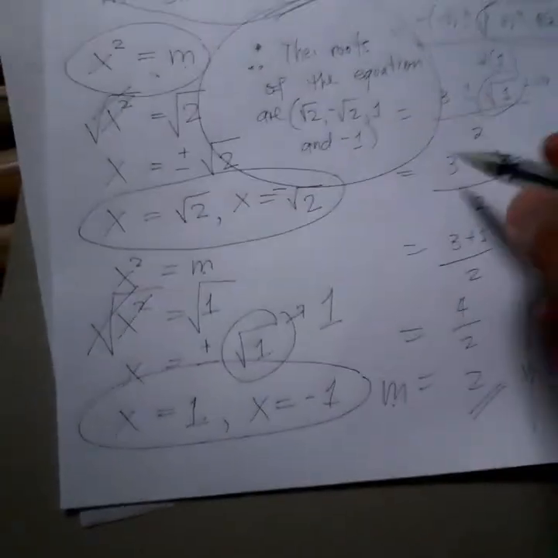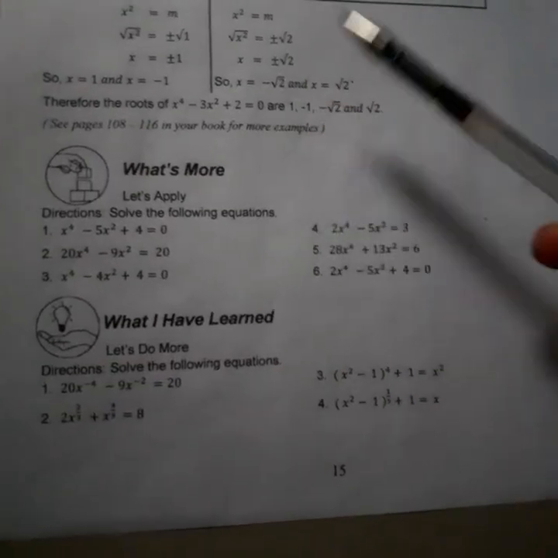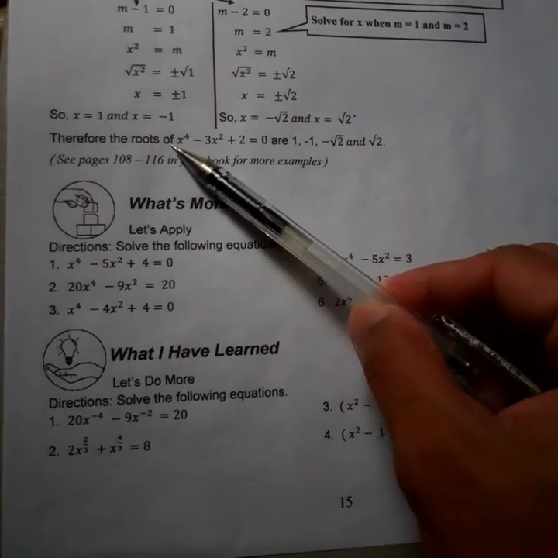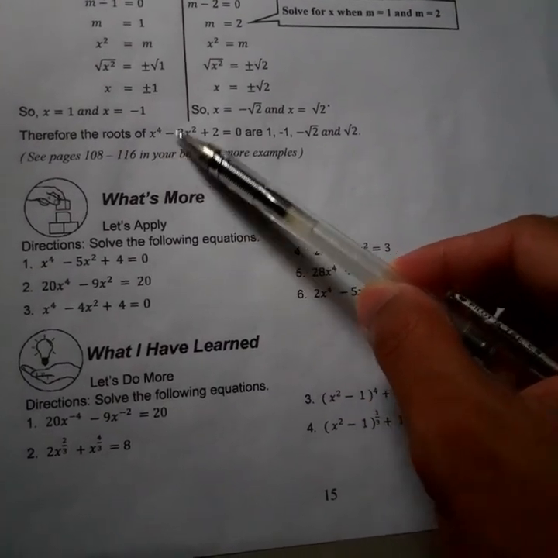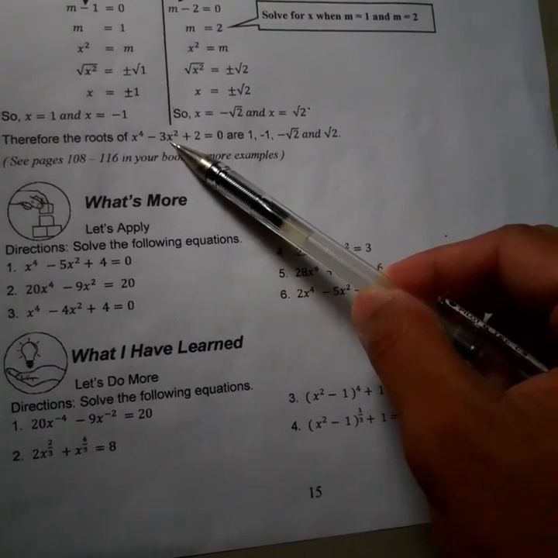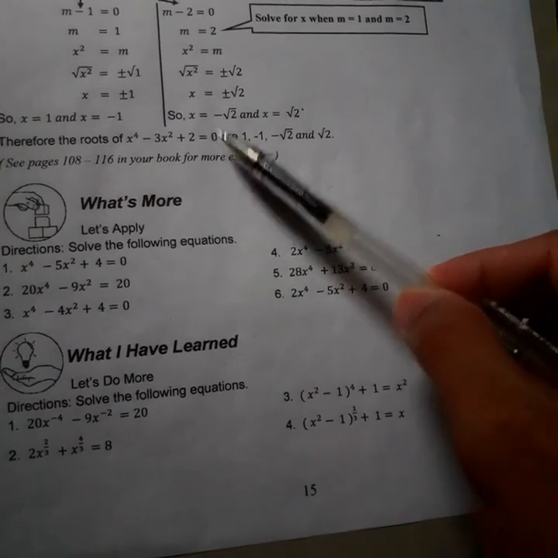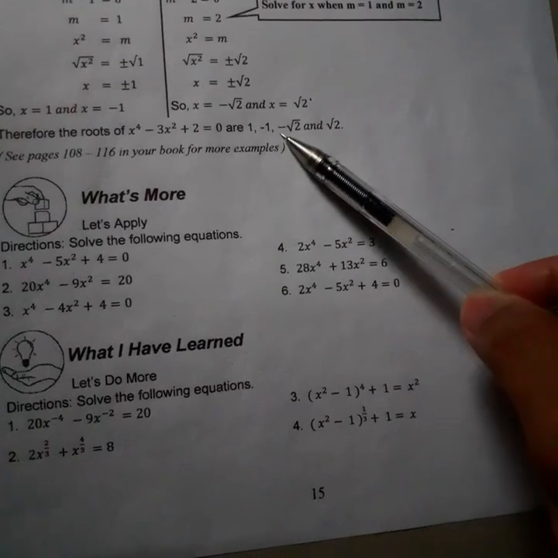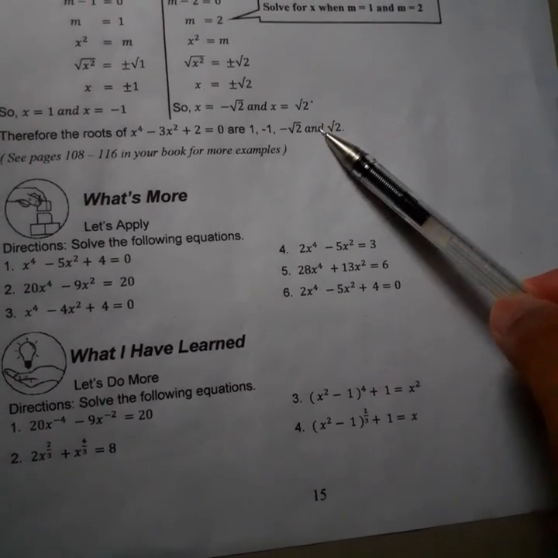This is the answer. Therefore, the roots of x to the power 4 minus 3x squared plus 2 equal to 0 are 1, negative 1, square root of 2, and negative square root of 2.